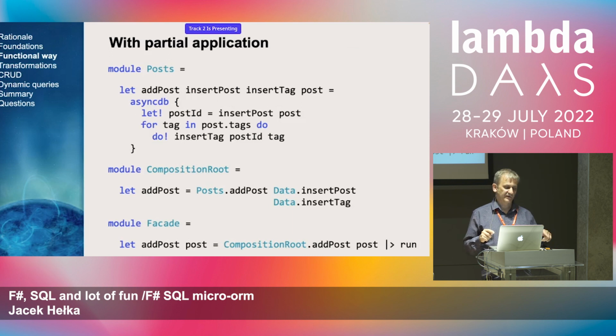Then we define a module that is the composition root where we bind this function and have the final dependent function. And then in some place we call it with regular parameters, then pass it to the run function, and we are done.